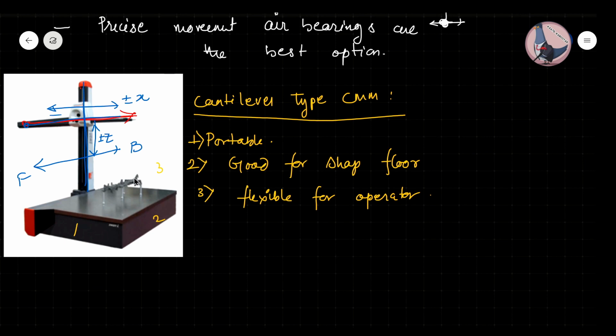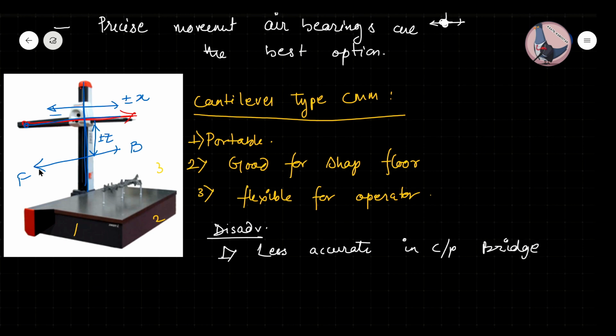But some issues are there with this. Like, what are the issues? So that should be your disadvantage. Disadvantage number one is that it is less accurate in comparison to your bridge type.